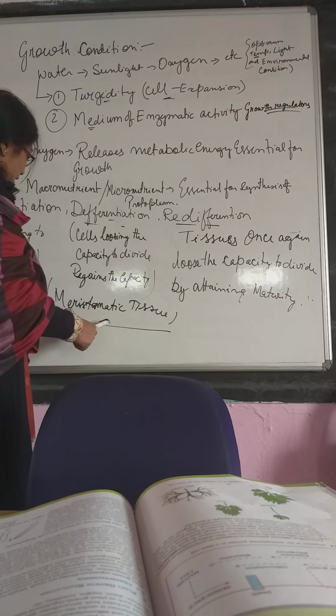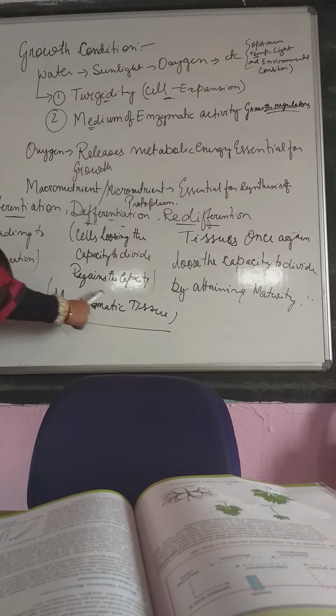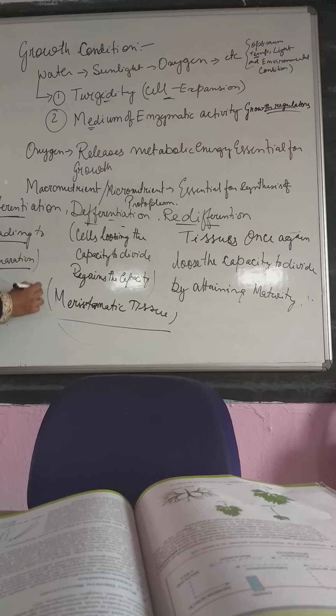So when these meristematic tissues attain maturity, they lose their capacity of dividing. So differentiation is basically defined as the act leading to maturity. That means cells start from the initial stage, very actively dividing, then finally when they attain maturity, they stop dividing.